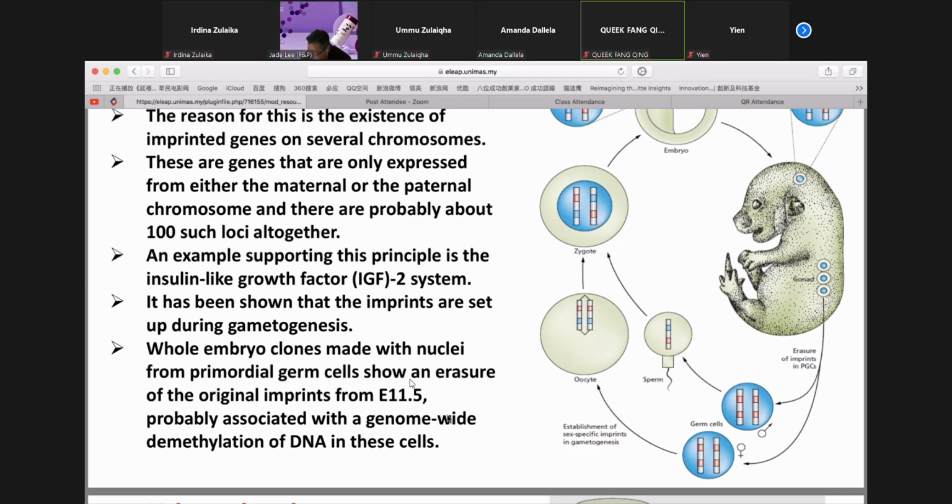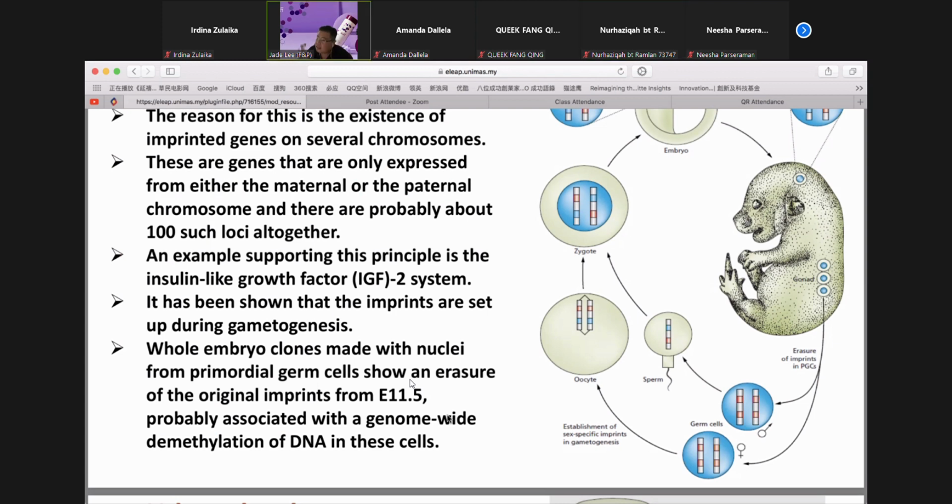Betul, doktor. That's why kalau kita ambil contohnya ikan, telur ikan besar tak? Kita nampak telur ikan tu, and then sperm tu tak nampak, betul tak? Kenapa telur tu kena besar?